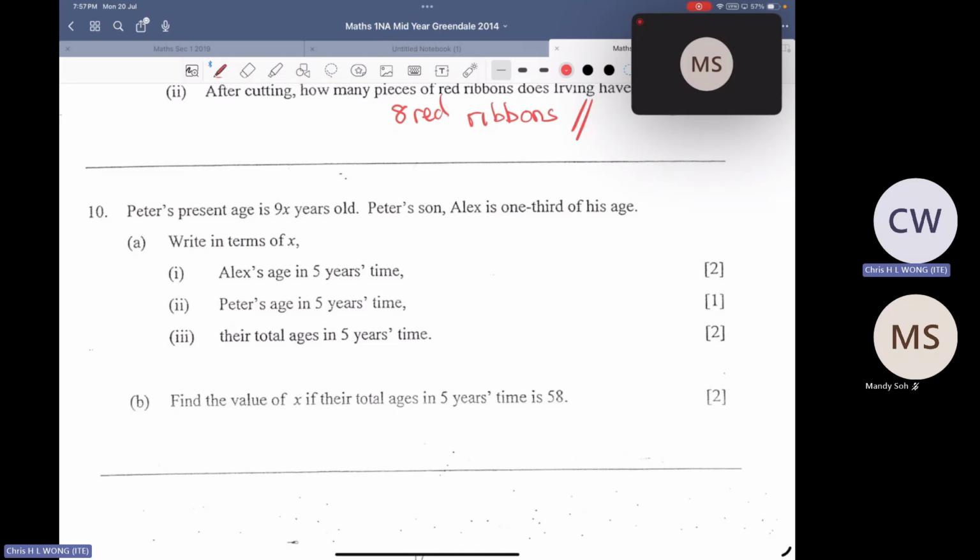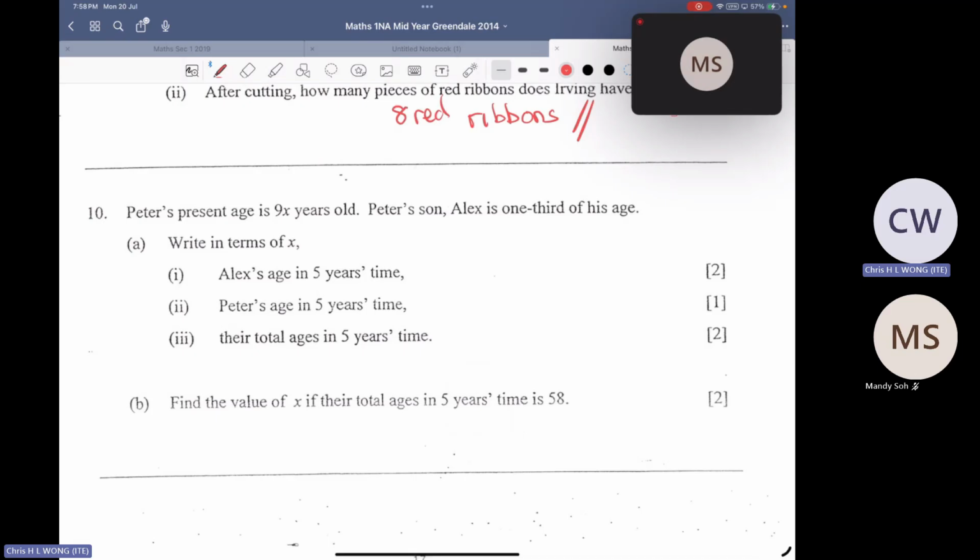A. How you do this? First question. This one I better plug inside, else no more battery. Okay. Let us do first one.